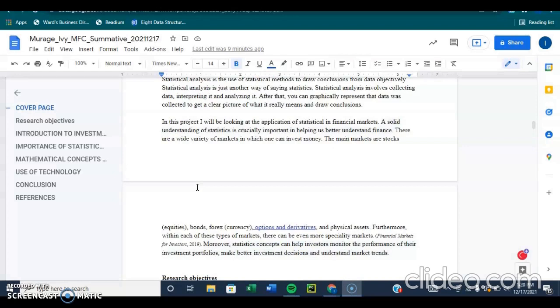As an investor or an analyst, there are some things that you will need to understand, and some factors that have to be put into consideration. To achieve this, you have to work with technological tools. One of them is statistical analysis, which I'll be looking at in this project.